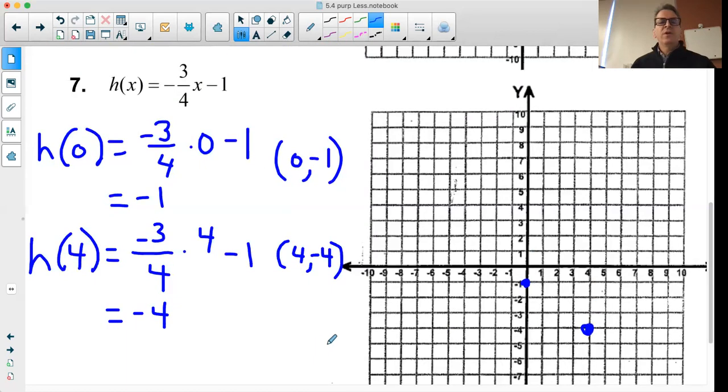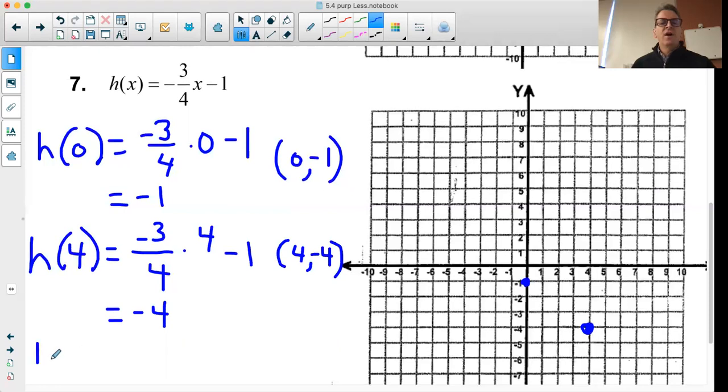And the last one for number 7, let's try h of negative 4. Okay, if we use negative 4, again, we'll have a canceling situation, negative 3/4 times, now in this case, not positive 4, but a negative 4. And then subtract 1. In this case, the 4s would cancel, but when you multiply, you end up with a positive product.